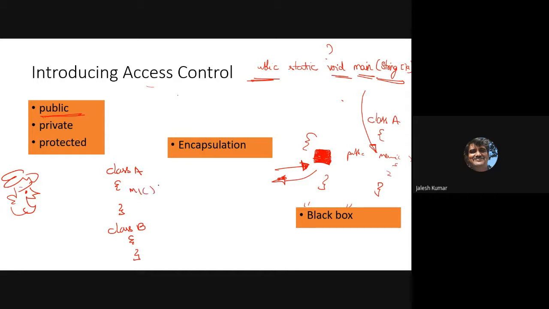This class contains M1, this class contains another M2, like that. Method means return type. This is a perfectly valid Java program, but it does not contain any main method. Definitely it will compile. But during execution, you'll get the error main not found.